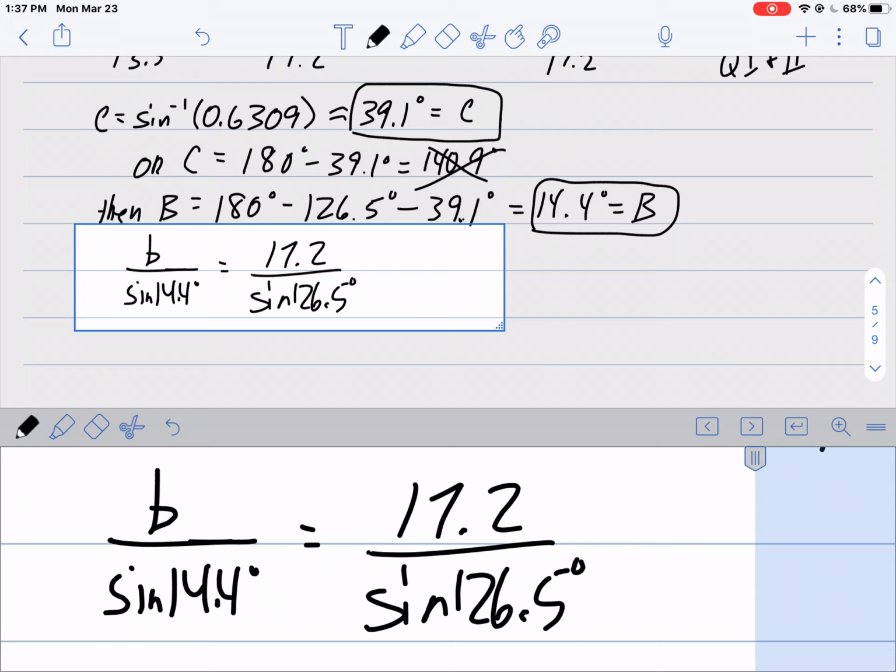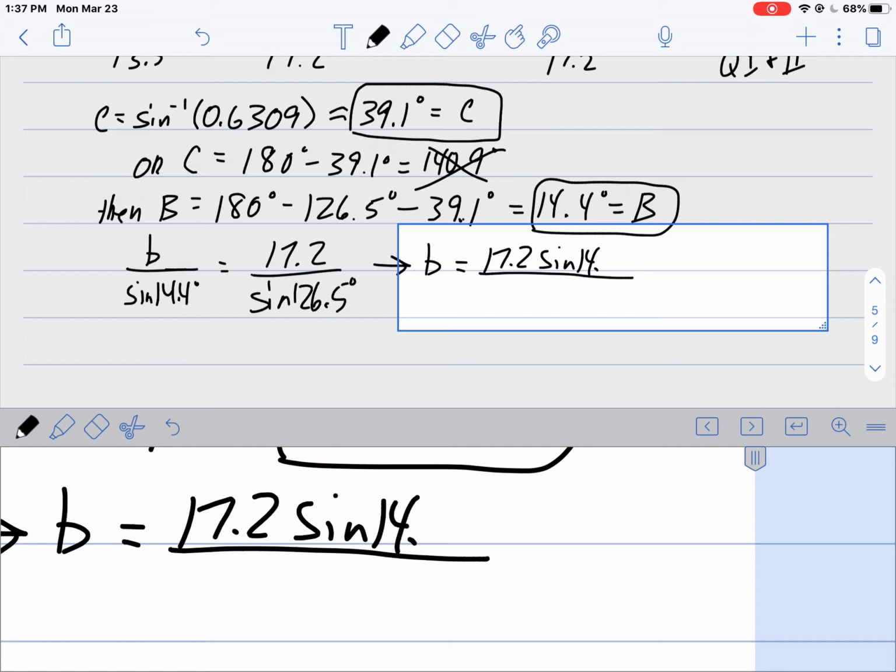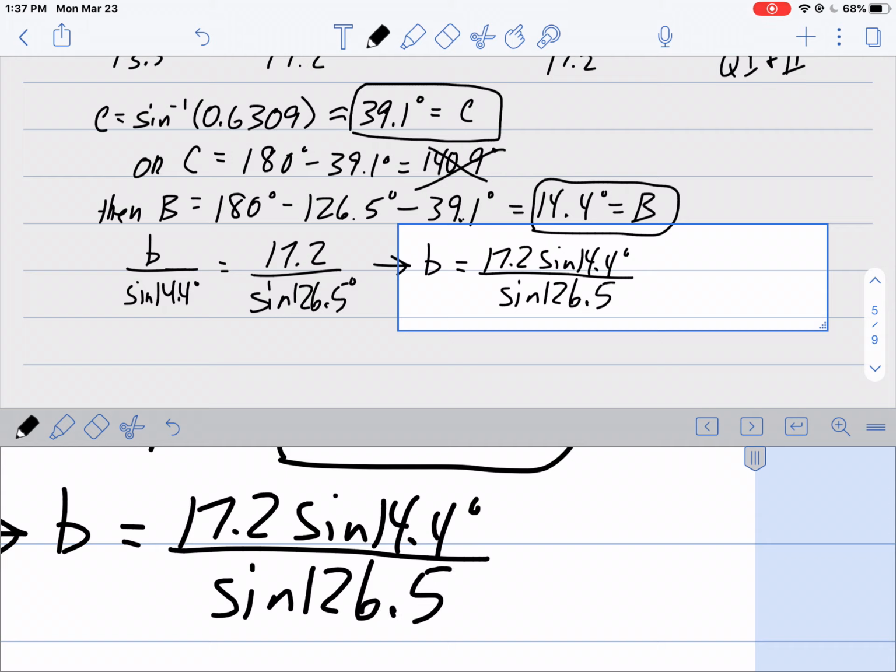We'll solve that for B. So B would then be equal to 17.2 times the sine of 14.4 degrees over the sine of 126.5 degrees.